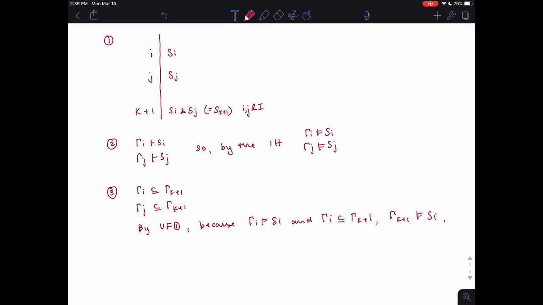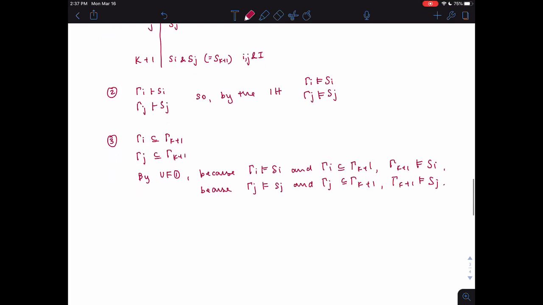We can also say the same thing about gamma j. Because gamma j truth functionally entails Sj, and gamma j is a subset of gamma k plus 1, gamma k plus 1 truth functionally entails Sj.